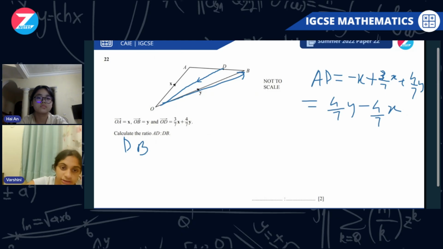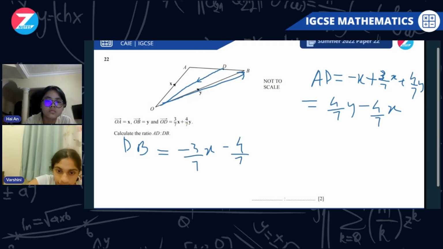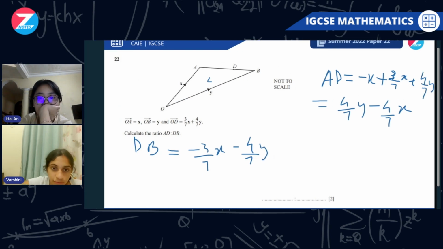Remember, we're not going OD, we're going downwards, so that's going to be minus of OD. So that is minus 3 by 7x minus 4 by 7y. Now that we've gone down DO, we have to go up to B, and they've said that OB is just y. So we can just do plus y.